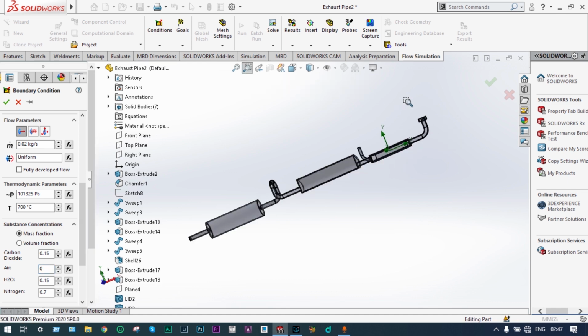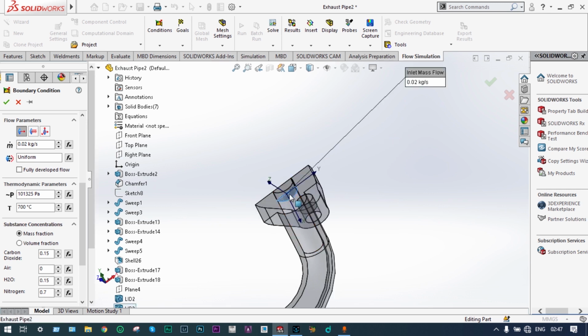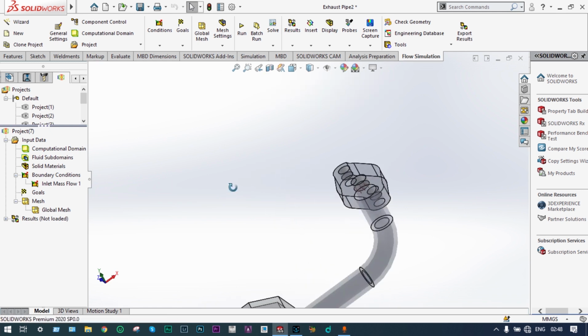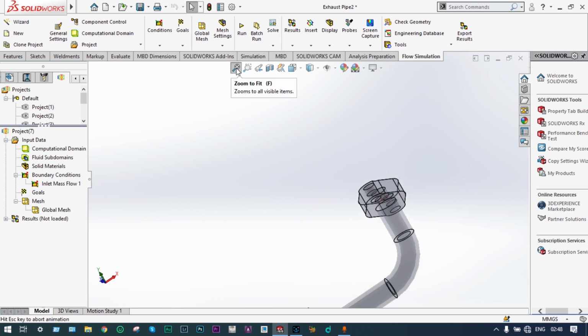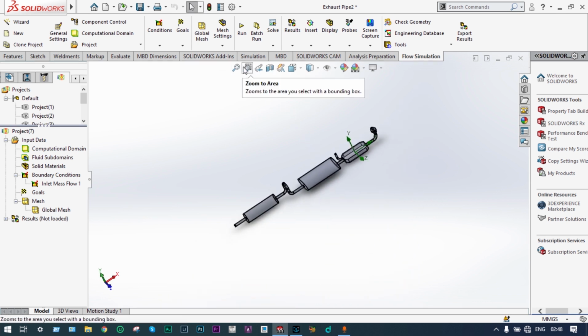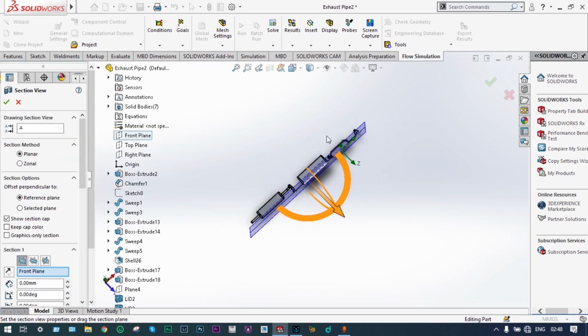Now the location of this exhaust gas entry will be selected. You can select it by checking this one. This is the location of the inlet of exhaust gases. I'm going to check it's done. Now we have to apply the second one, that is air to be applied at a specific location. Again, for that we can cut it across a specific location.